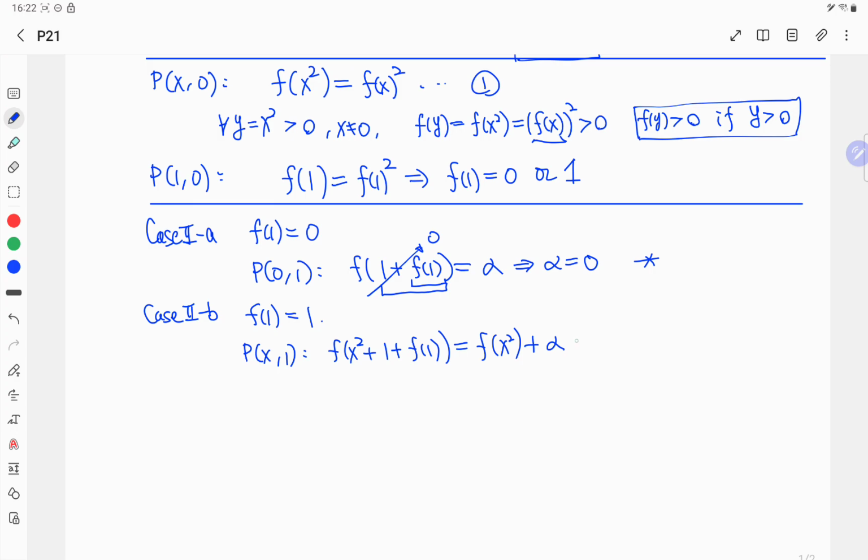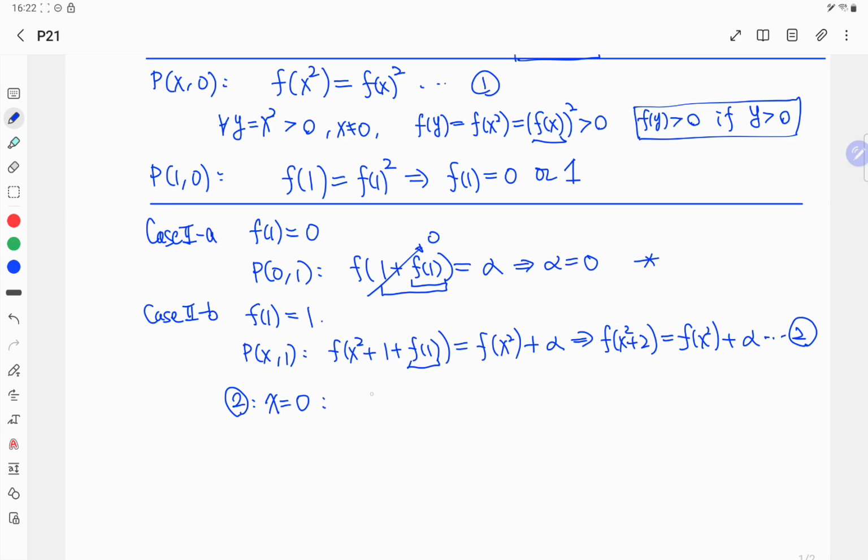Okay, so this is, f(1) is 1, so this is f(x²) plus 2 equals f(x²) plus alpha. Okay, let's call it equation 2. And in equation 2, we try to pick x to be 0.